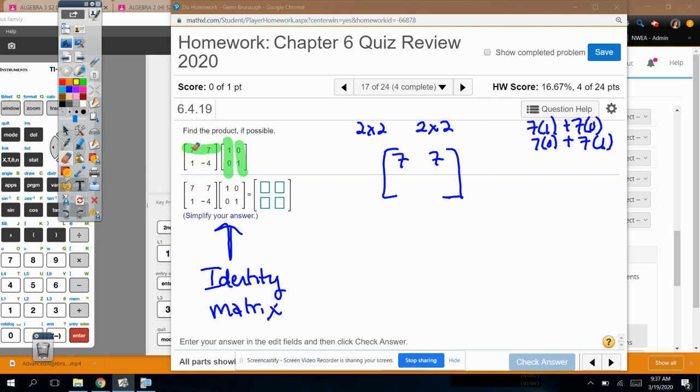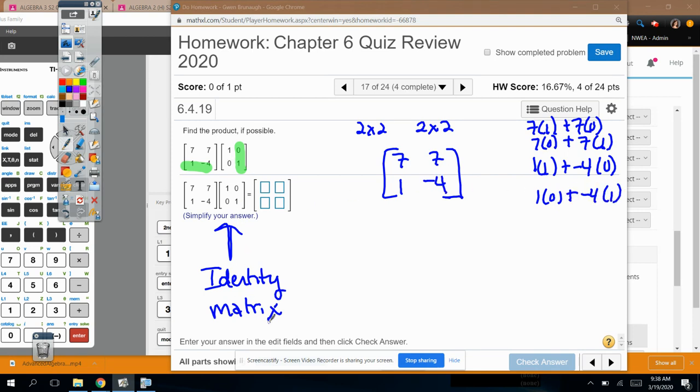That row is done. So now we go to this row, and you have a 1 times the 1, and the -4 times the 0. So that's a 1. Take it times the second column here, and the 1 is times the 0, and the -4 is times the 1, so you get a -4.